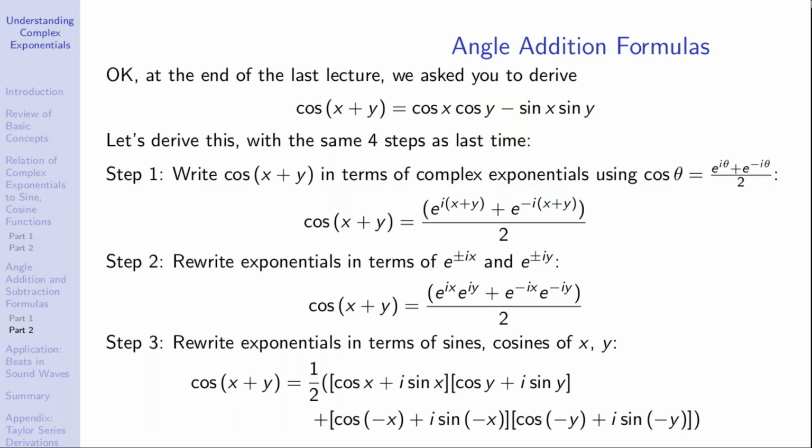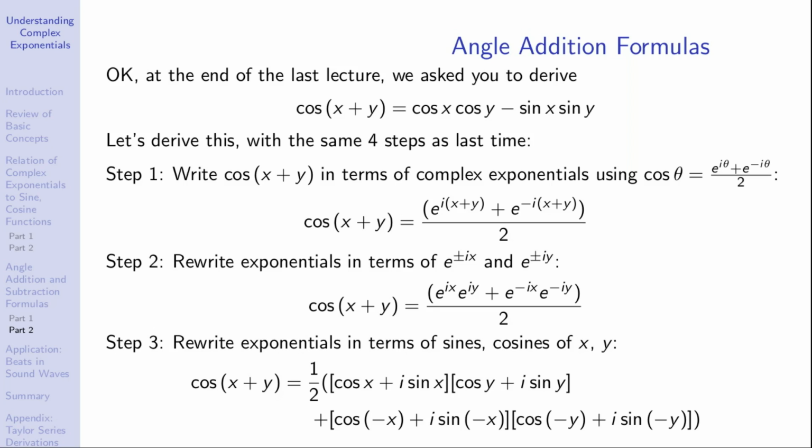Okay, so at the end of the last lecture, we asked you to derive the relation cosine of x plus y equals the cosine of x times the cosine of y minus the sine of x sine of y. Let's derive this with the same 4 steps as last time. So, Step 1.